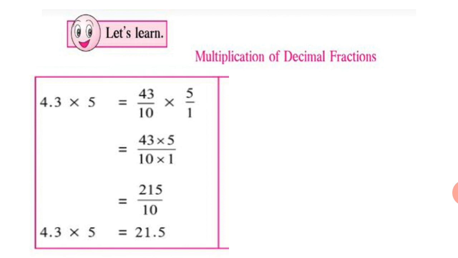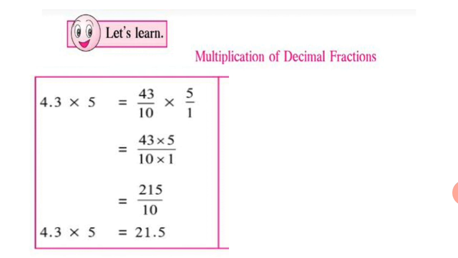So your final answer will be 21.5. How to convert into a decimal fraction also you have learnt in the previous practice set. So here it is just converting a decimal fraction into a common fraction, multiplying it and then again converting it into a decimal fraction. This is the first method which you can follow to multiply the decimal fractions.